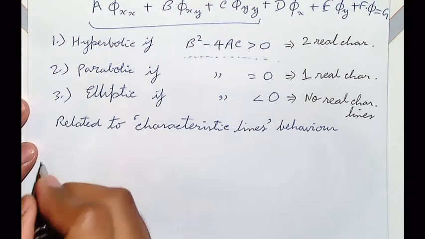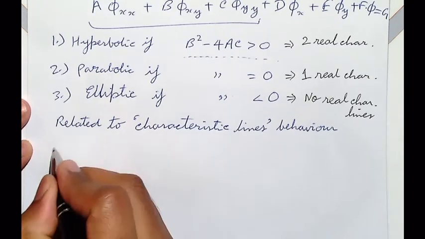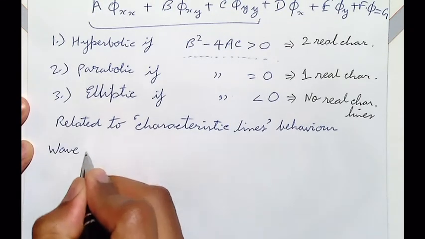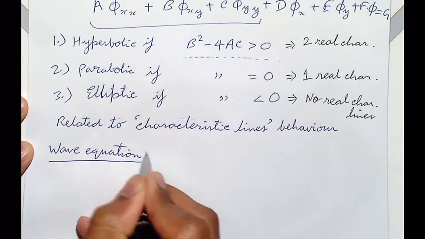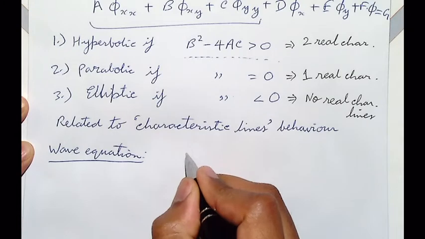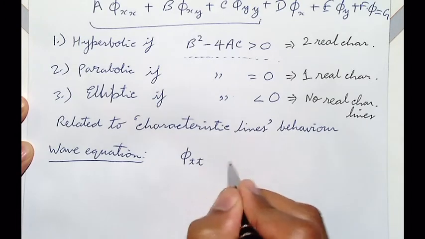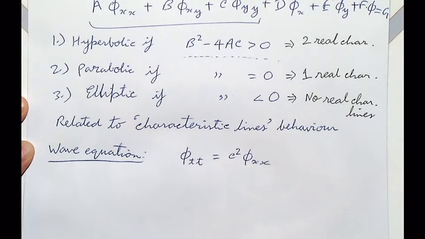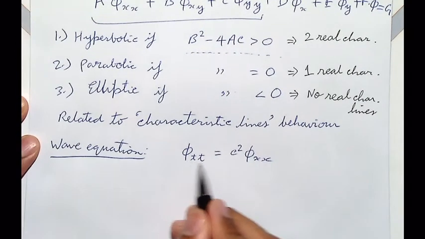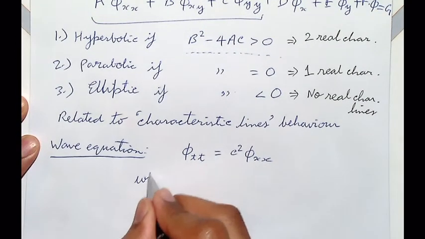So hyperbolic, if you have heard of the wave equation. Okay, it's basically phi tt equals c squared phi xx. I forgot to mention, when I have these subscripts, it just means the derivative.